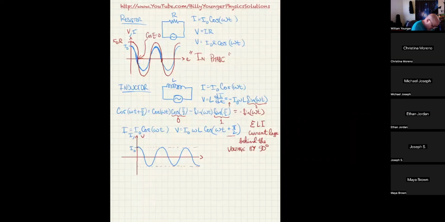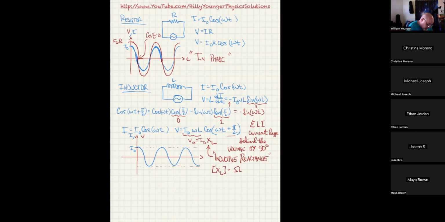But the voltage, however, we are going to call this V0, which is equal to I0 times XL. And this XL is defined as the inductive reactance. It has units of ohms.